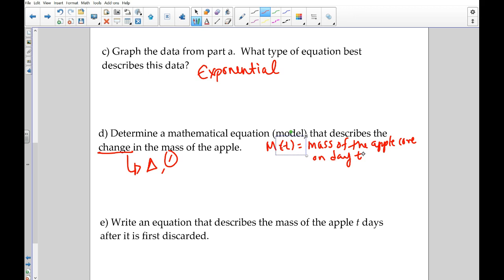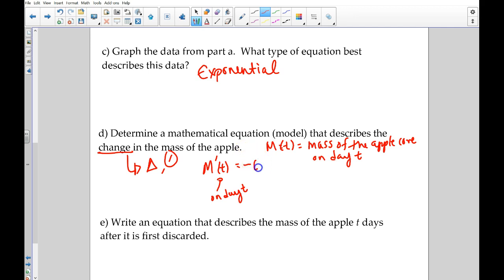So if I look at the rate of change of the mass of the apple, I denote that by m prime. And I'm going to add an extra little bit here of t just to denote that I am looking for the rate of change of the mass of the apple on day t. The information given to us in the problem says that it decreases, so a decrease is denoted by a negative sign.